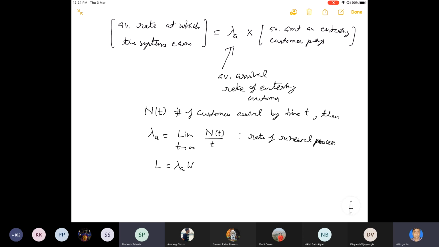In a similar fashion, you can write LQ is lambda A WQ, LS is lambda A WS. So this is known as Little's law.